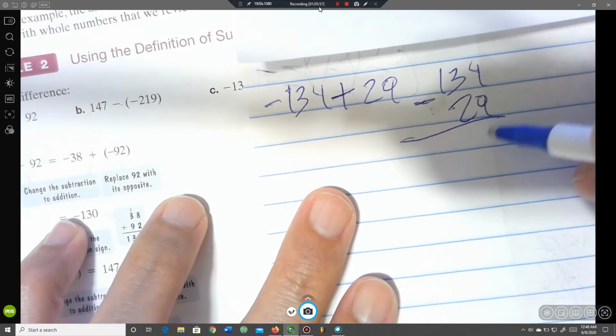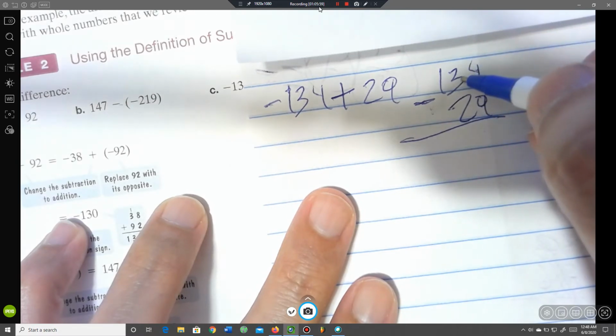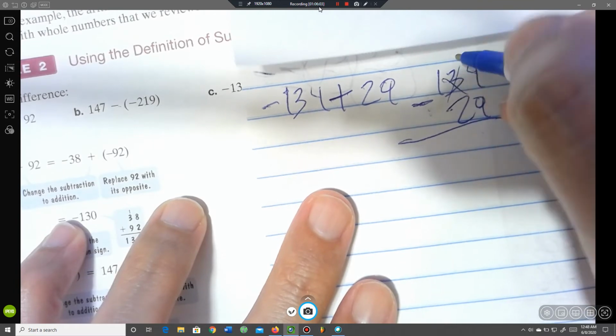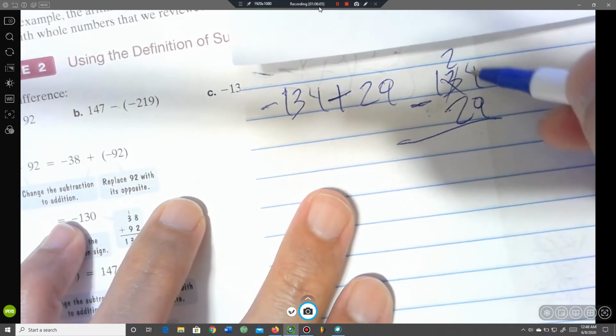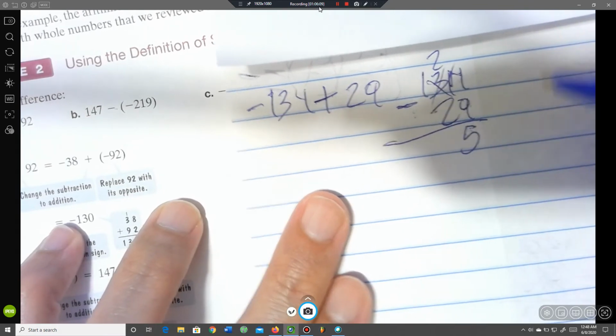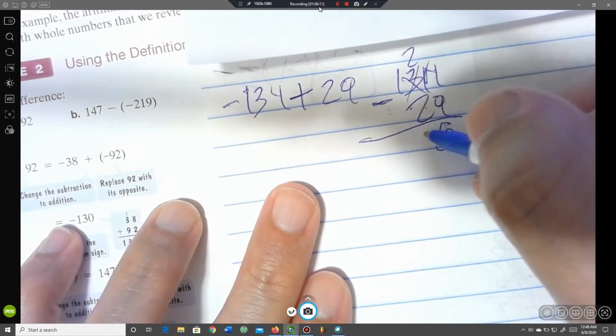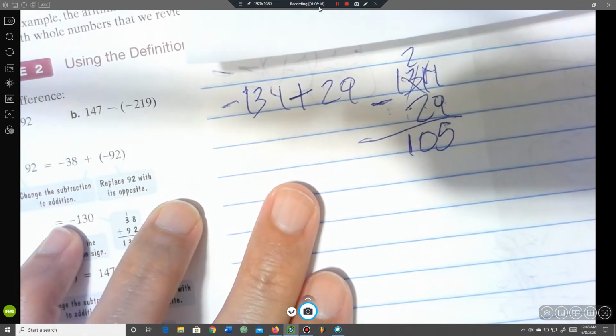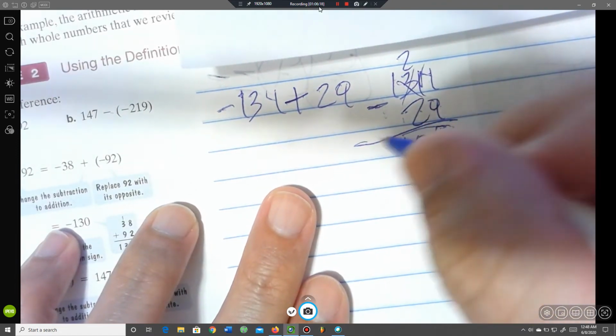And then 4 minus 7 is going to give you a negative value, so you need to borrow from the other column. This becomes 2. That becomes 14. 14 minus 9 is 5. 2 minus 2 is 0. 1 minus 0 is 1. 105. 104.